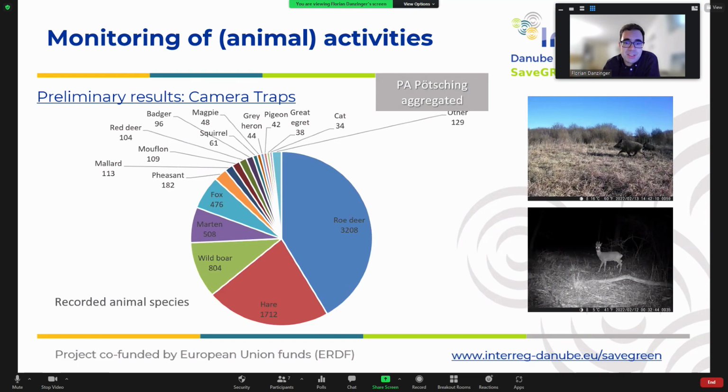Looking at animal species, you can see the roe deer is predominant there, but of course we have a lot of other species there, which is quite interesting. Of course, hare and wild boar, but a lot of birds and smaller carnivores in the region were detected.